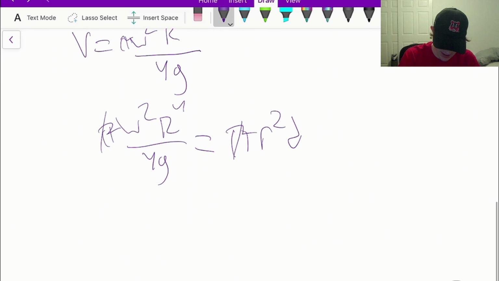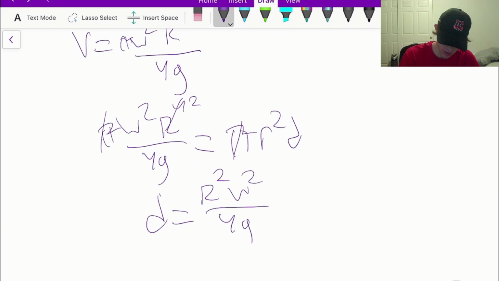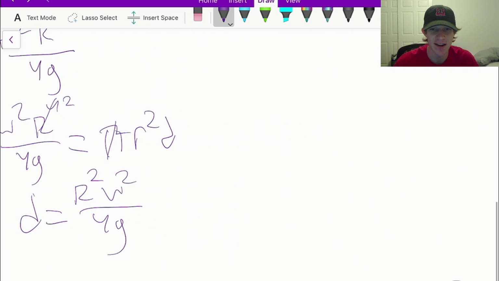Pi's go ahead and cancel out. This becomes a 2 right there. So we get D is equal to R squared omega squared over 4g. So now that we have that, we can plug it back into our height equation.